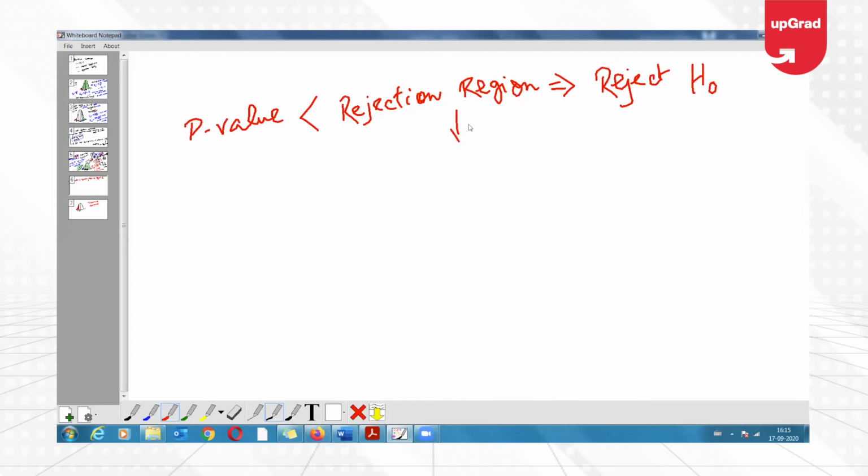And this rejection region ideally should be 0.05. Now it's complete. So the p-value we calculate, if it's less than the rejection region, which should be 0.05, then we reject H0. When can the p-value be less? If the z-score is high, isn't it?